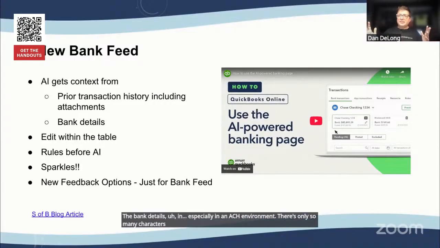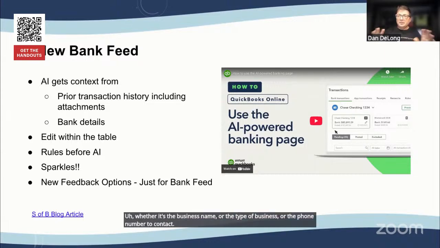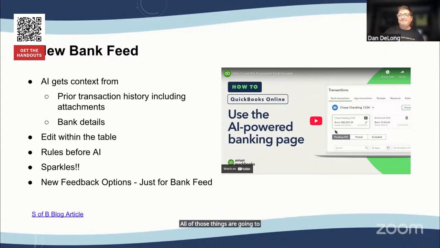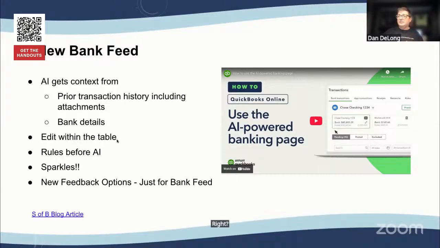I think they only have like 96 characters to put in the bank details, and there's only so much information that's going to be in there, whether it's the business name or the type of business or the phone number to contact. There's really only so much context that you're going to be able to get from 96 characters, right? But in the bank feed, you're going to be able to edit within the table.